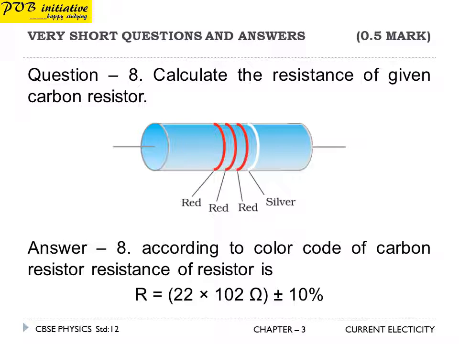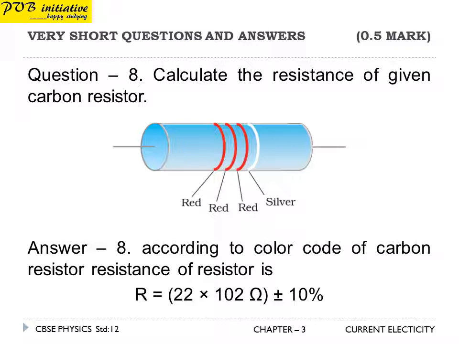Here, the first two lines are red, and according to the carbon resistor color code, red has the code 2, so the first two lines give 2, 2.